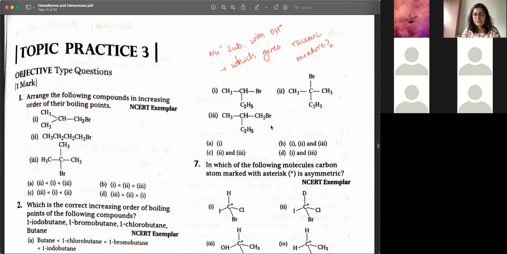Okay. So for racemization, since it specifically asked about racemic mixture, one, we need SN1 mechanism. Two, we need an asymmetrical carbon. So first look at chiral centers in this.